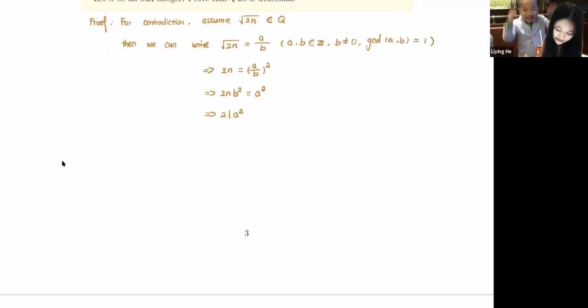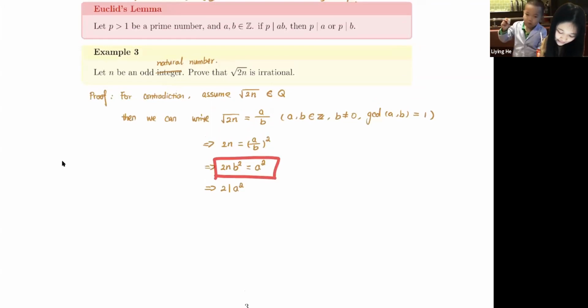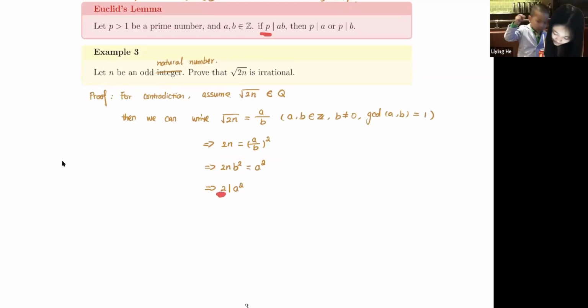Anyway, this means that 2 divides a squared, and by Euclid's lemma, we know that if p is a prime number, if p divides ab, in this case a and b are the same, they are both a, then p divides a or p divides b. So this will give us 2 divides a, by the lemma.